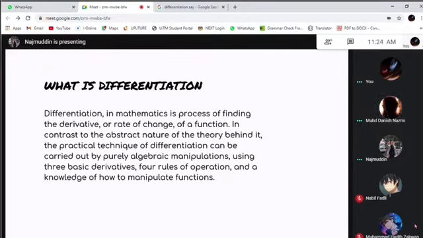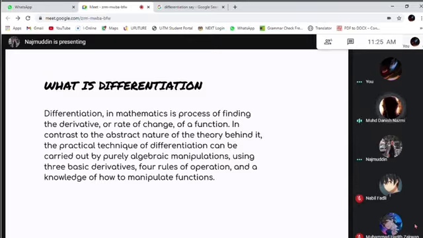Okay, the differentiation in mathematics is the differentiation of our project. The differentiation in mathematics is the process of finding the derivative or rate of change of a function, in contrast to the abstract nature of the theory behind it.